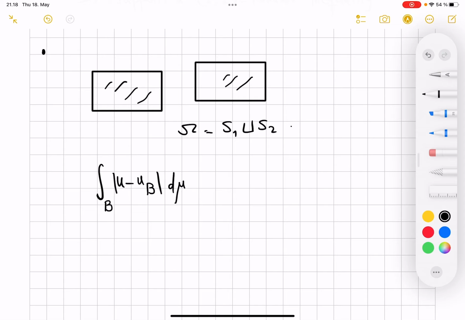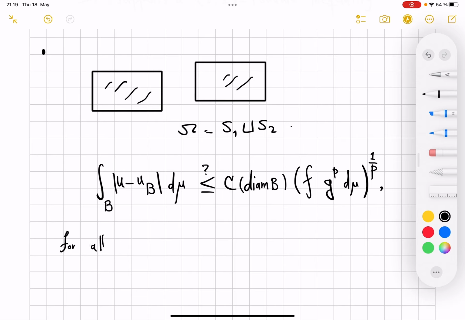So you look at the average oscillations, and for p-Poincare to hold, you need the existence of a C so that C times the diameter of B times the average integral of whatever realistic notion of derivative of u you have, to the power p, integrated, to the power 1 over p. So that means, does there exist some C so that we have this inequality for all balls in your space?